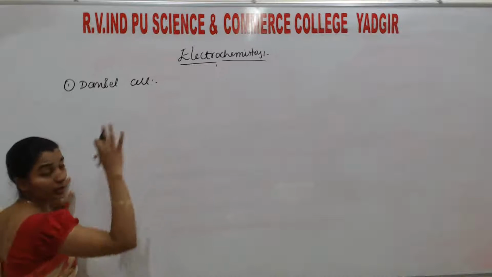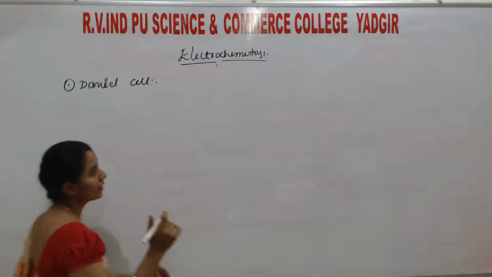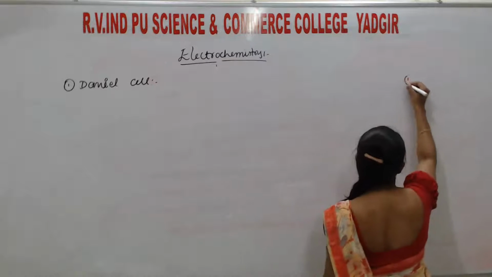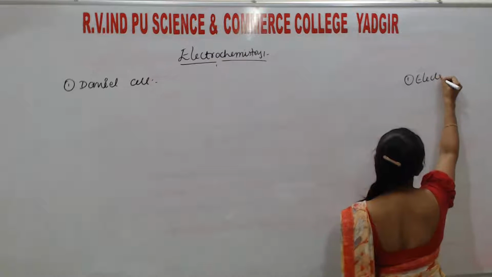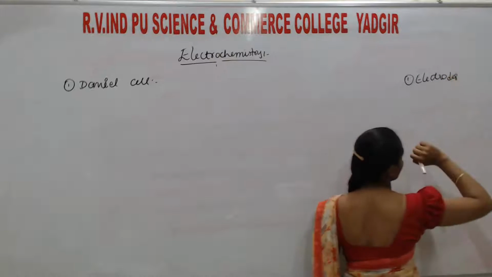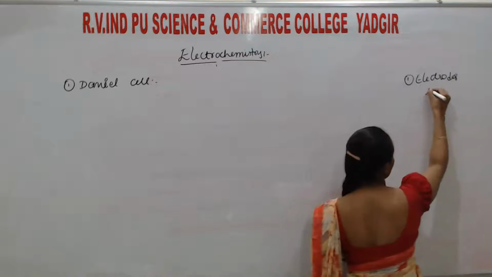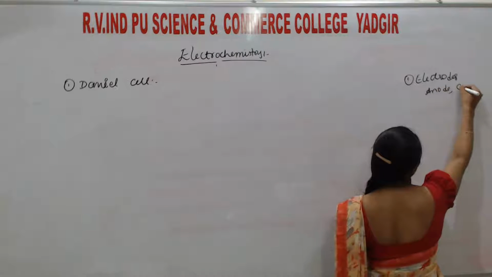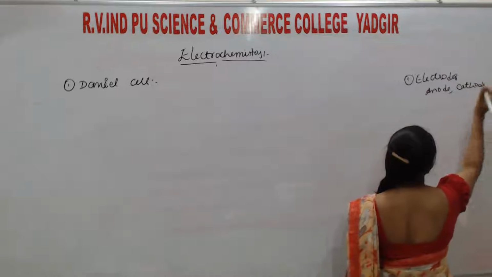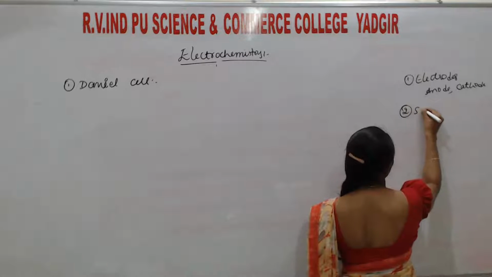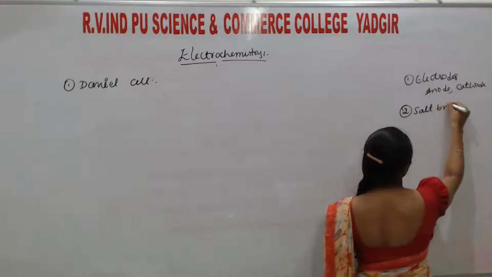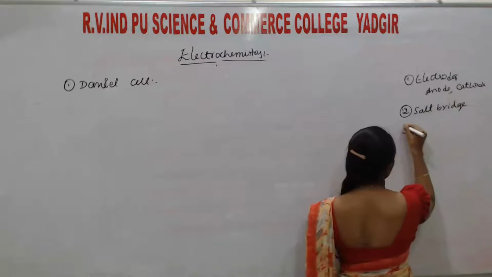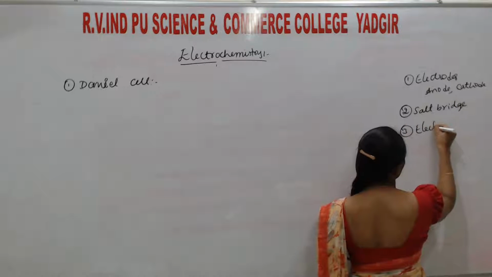To explain the terms used in that, I write here what are the terms used. One is electrodes, and in that, anode is there, cathode is there, right? Anode, cathode. Next, second one is salt bridge. Next, electrolyte.